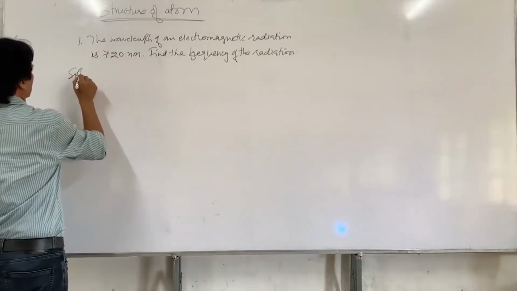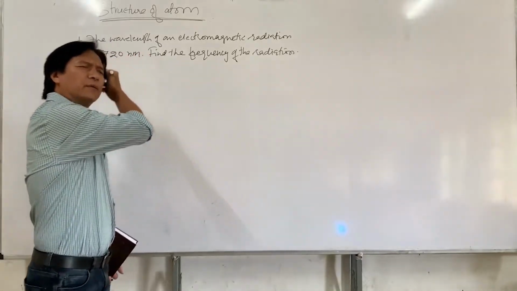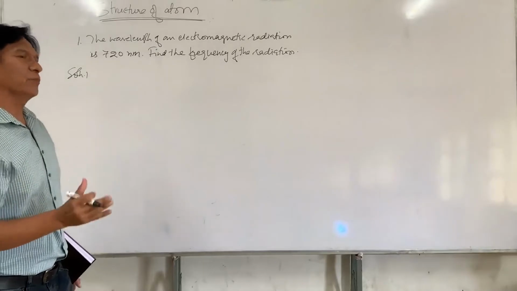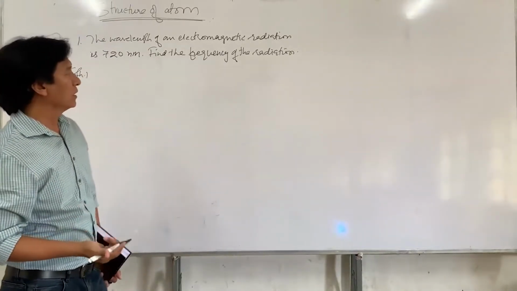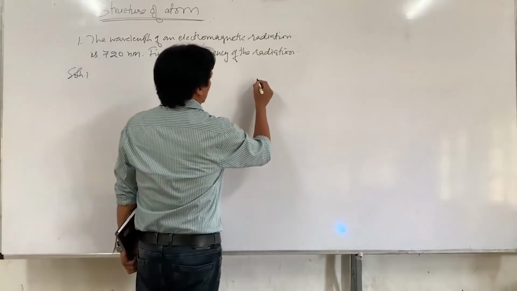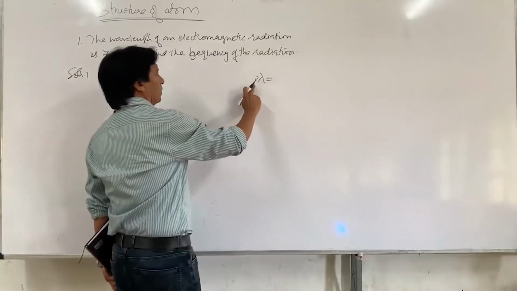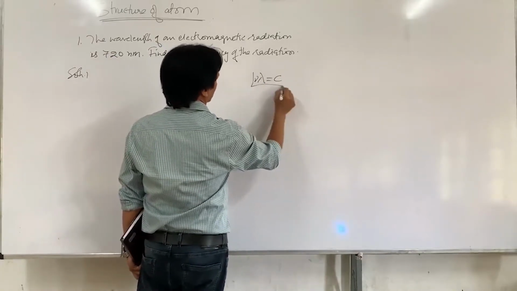Now, the solution here will be, you know that the relationship between the wavelength, frequency, and the speed of light is nu × lambda = c, that is frequency multiplied by the wavelength of the radiation is equal to c, the speed of light.